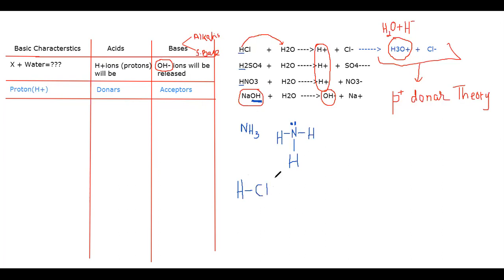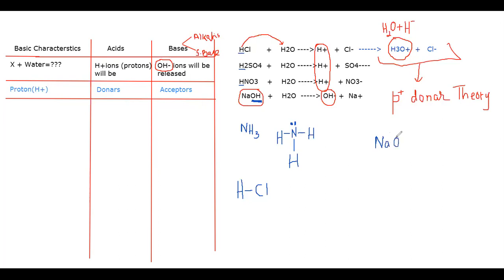Now ammonia is a covalent molecule. Hydrochloric acid is also a covalent molecule. Nitric acid and sulfuric acid are also covalent molecules, because they have covalent bonds. But in the case of sodium hydroxide, sodium is a metal, and hydroxide is a non-metal.